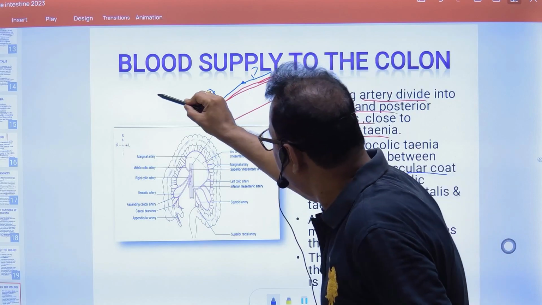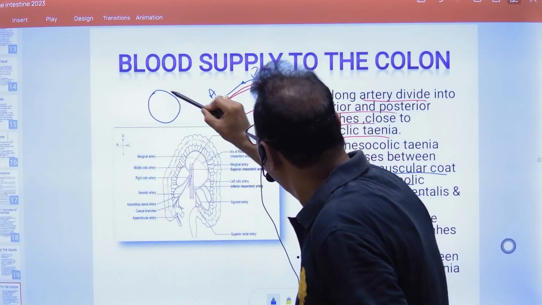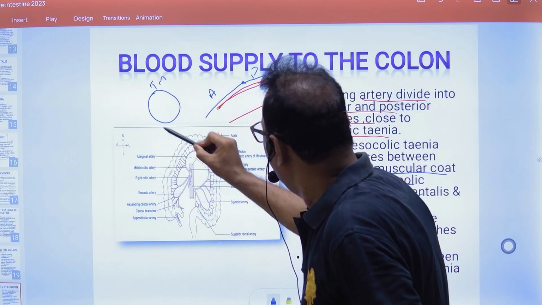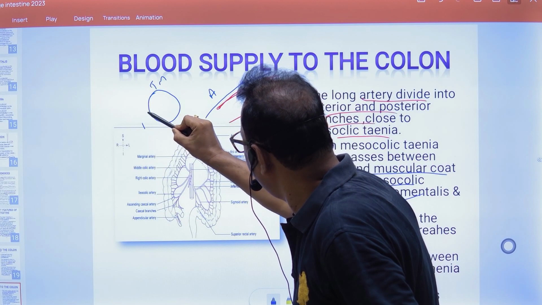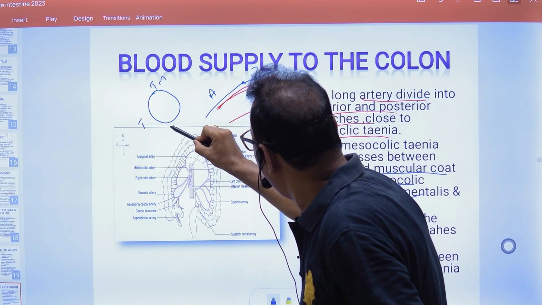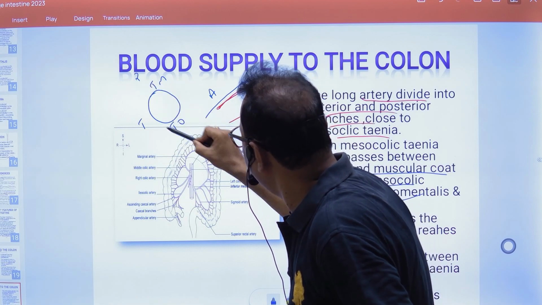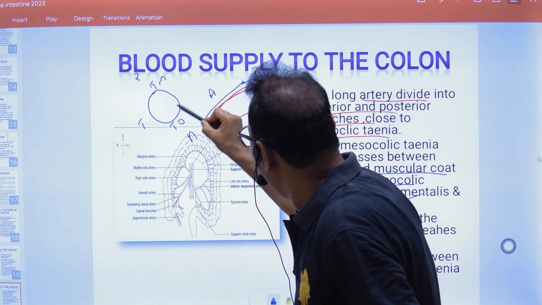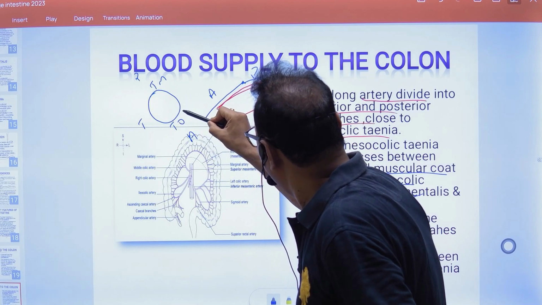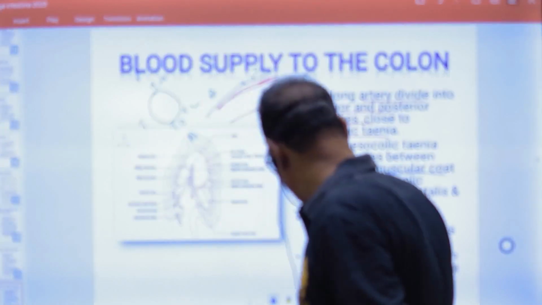In this section you can see the taenia mesocolica over here, the taenia omentalis over here, with the posterior one and the anterior one, and finally the taenia libera over here.